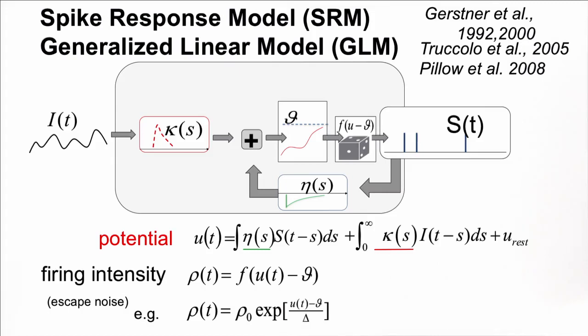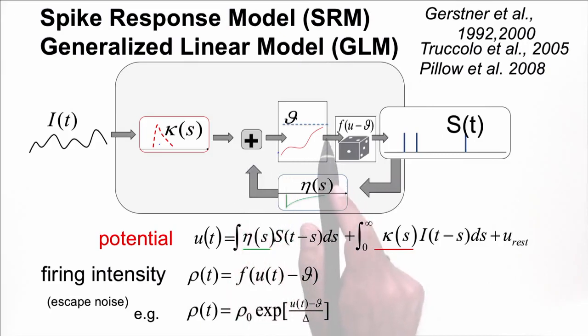So in a schematic view, we arrive at the following picture. I have an arbitrary input current. It's filtered. This gives rise to the membrane potential. If you hit the threshold, out goes a spike. And then these spikes contribute a negative part of the membrane potential, which I have to add in back here.